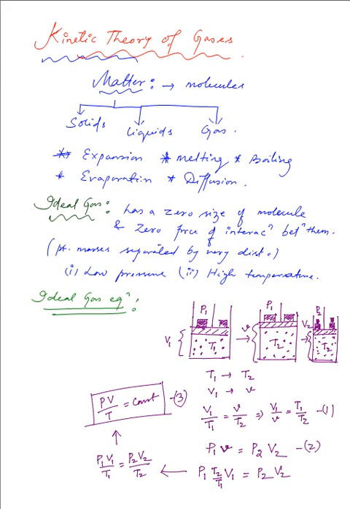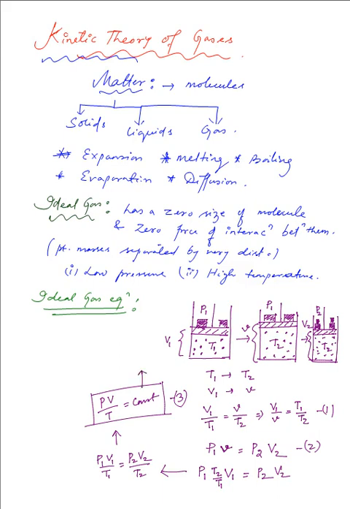1 gram molecule or 1 mole of gas occupies 22.4 liters at normal temperature and pressure, and so the value of R that we get for 1 mole is 8.3.